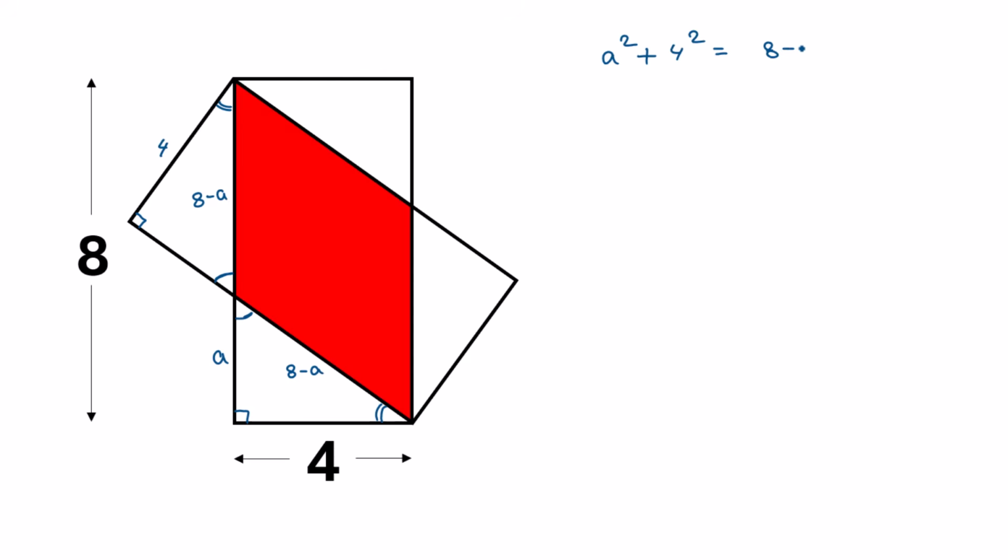So 8 minus a whole square, or this a square plus this 4 square, 16, is equal to, applying the formula a minus b whole square is equal to a square minus twice ab plus b square. So applying this formula, this is 8 square minus 2 times 8 times a plus a square.